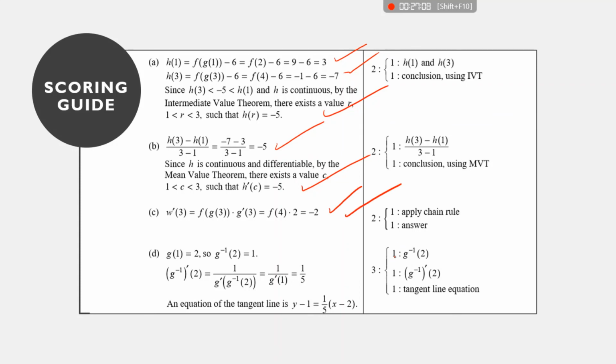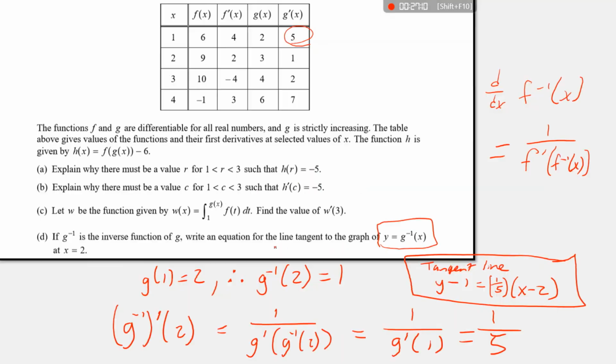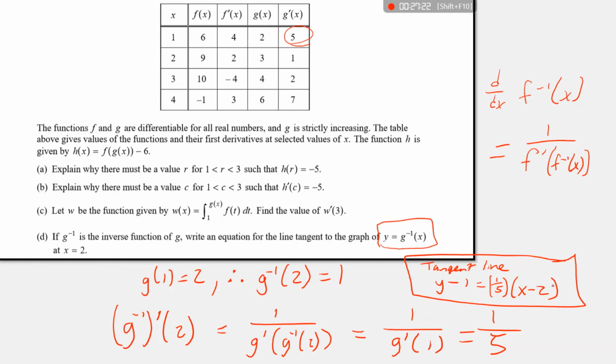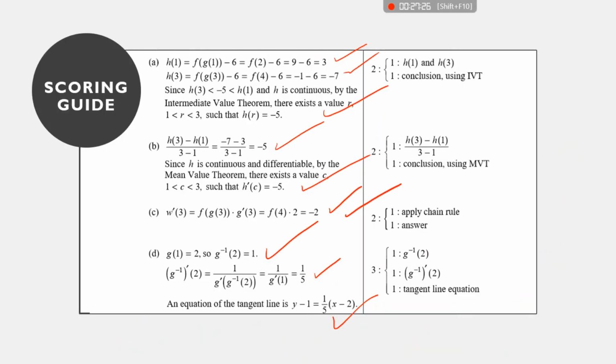The inverse at 2 is 1. Okay, we got that. The derivative of the inverse at 2 is 1/5. We got that. And our tangent line, y minus 1 equals 1/5 times x minus 2, which I believe we got right. Okay, awesome. Any questions on anything? No, it was clear. Cool.